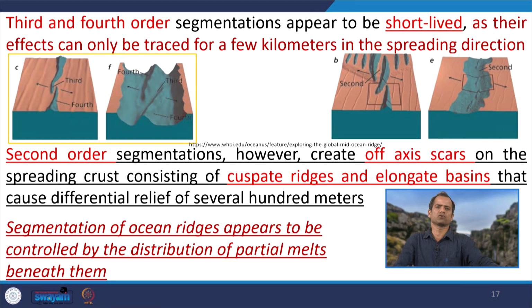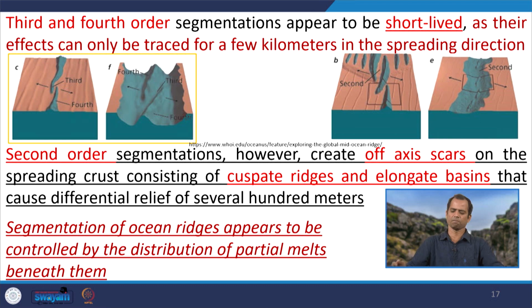Third and fourth order segments appear to be short-lived, as their effect can only be traced for a few kilometers in the spreading direction. Second order segmentation, however, creates off-axis scars and spreading crust consisting of cuspate ridges and elongated basins that cause differential relief of several hundreds of meters.